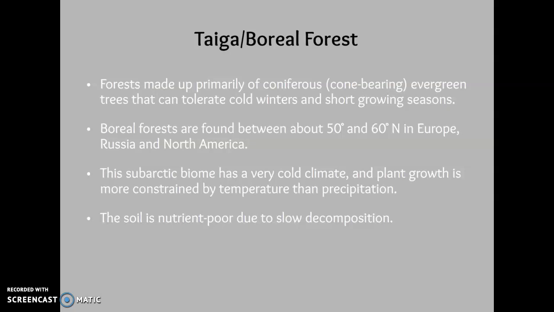The trees that exist here tend to be coniferous or evergreens. Very, very few deciduous trees live here. The boreal forest and the taiga mostly exist in the northern part of the northern hemisphere, between about 50 and 60 degrees north. So think about Russia, parts of Europe, North America, Canada, okay?